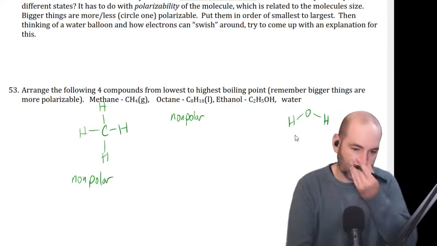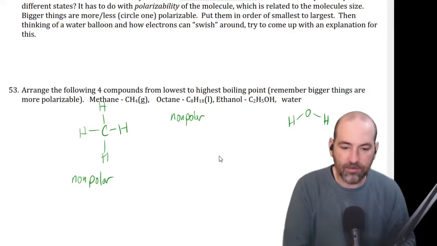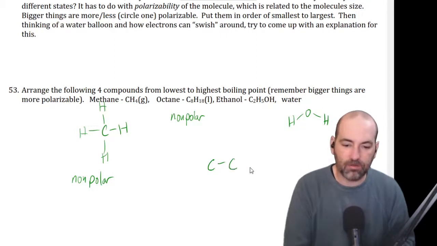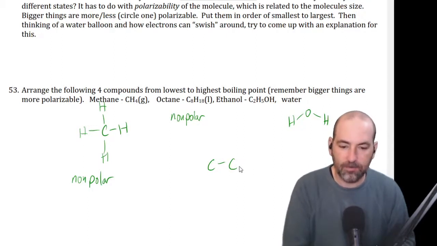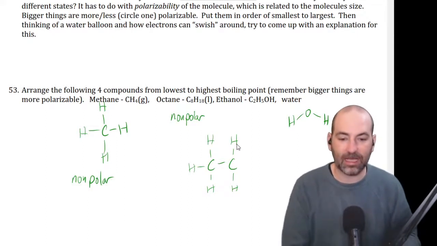So that leaves ethanol. Ethanol, we've got C2H5OH. So this is going to be kind of the tricky one here. We can get a Lewis structure here. Remember that these organic structures with lots of carbon and hydrogen are often expressed in such a way that helps hint at how they're connected.